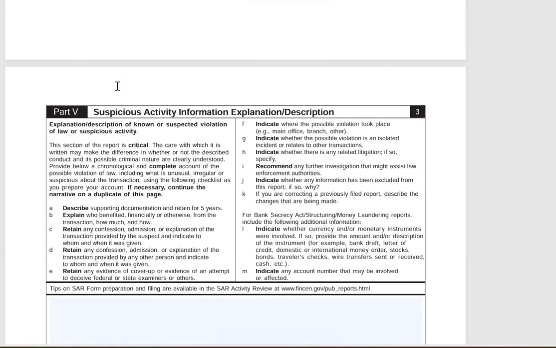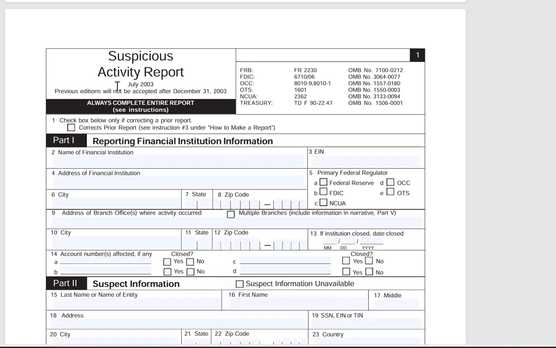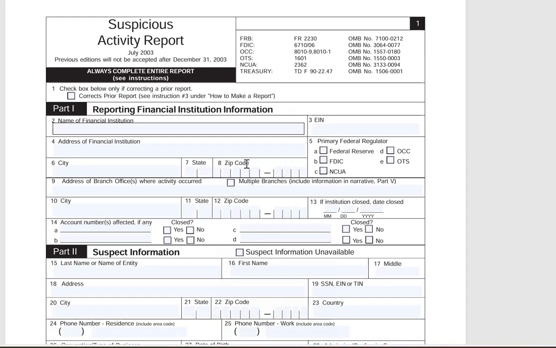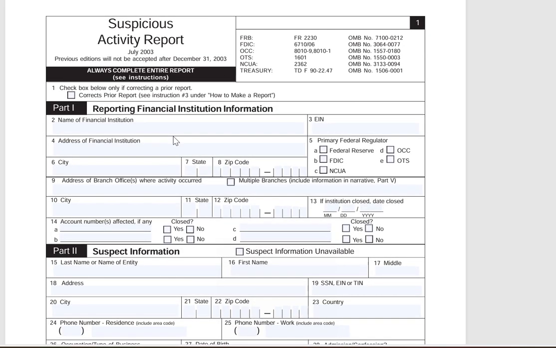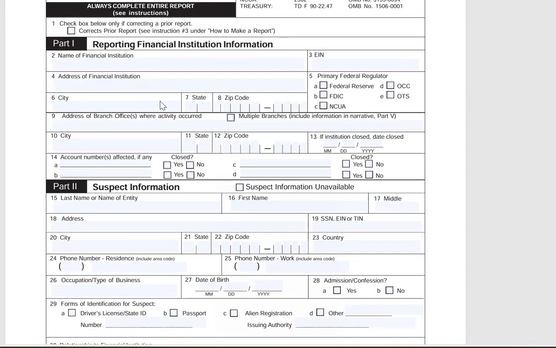You can read the other details, the fourth part in that report. In the first part there is the reporting financial institution information, the financial institution that is going to report the suspicious activity. They will mention information like the name of the financial institution, EIN number, the head office address, and the primary federal regulator, covering city, state, and pin code.